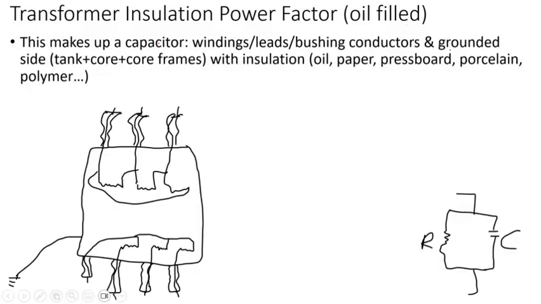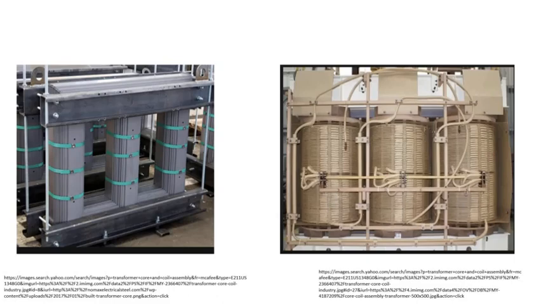I have a picture here that I took from this site. So here's core limb 1, core limb 2, and here's the third. This is a 3-limb core. Then you have the yokes. This is the top yoke.